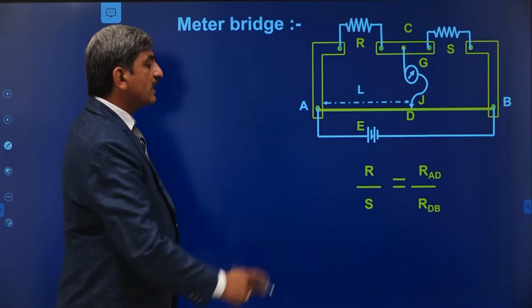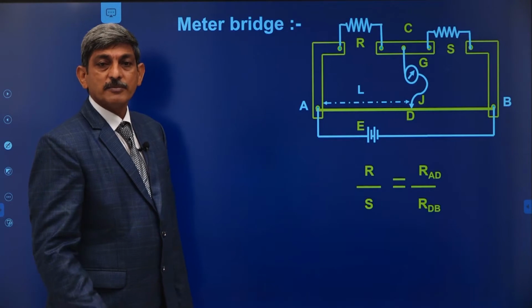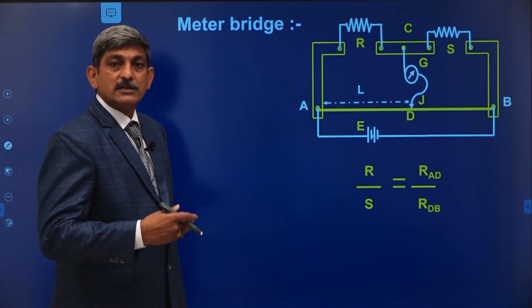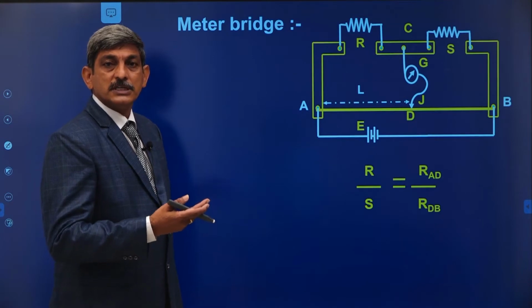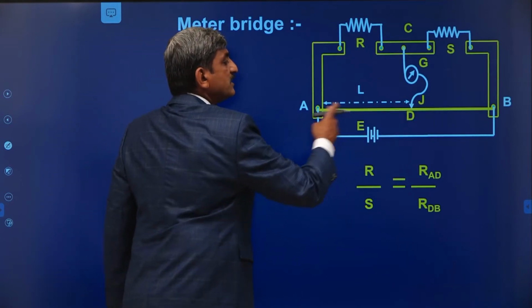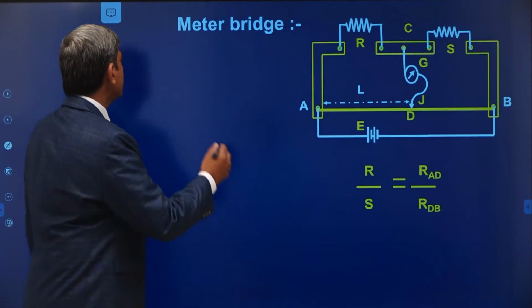Now, how to get that RAD value and RDB value? Generally, when we are doing the problems in the standard of the board examinations, the Meter bridge wire may be having a uniform area of cross section.